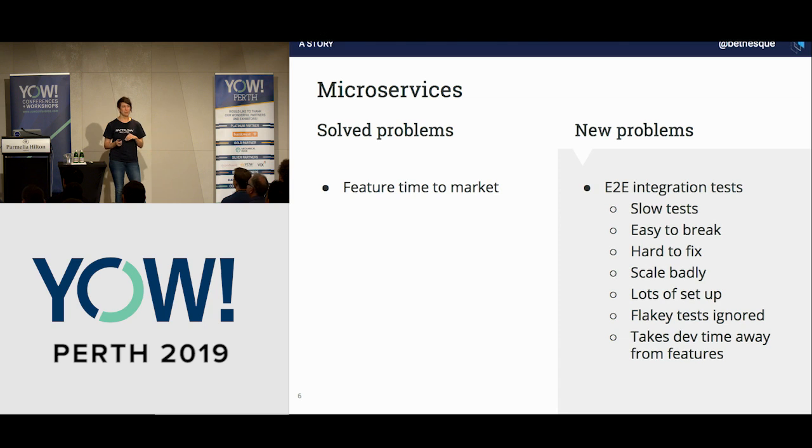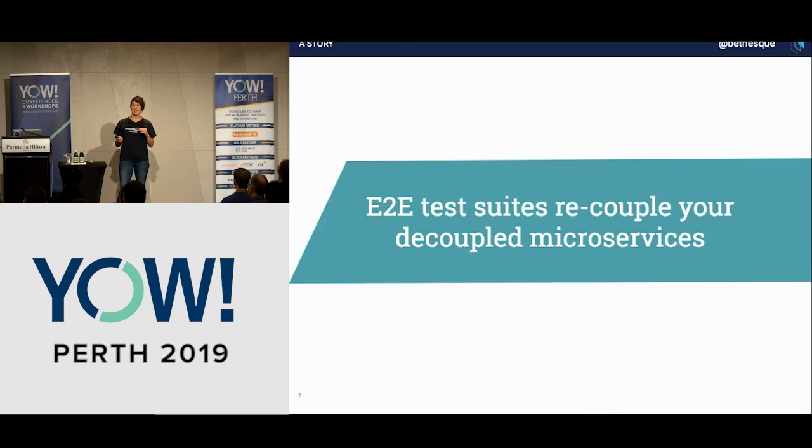Now, the new problem was the testing. It turns out when you decouple all your business code into nice little bite-sized microservices, then take an end-to-end suite and put that over to test all your microservices, you're actually recoupling your code at the test layer.